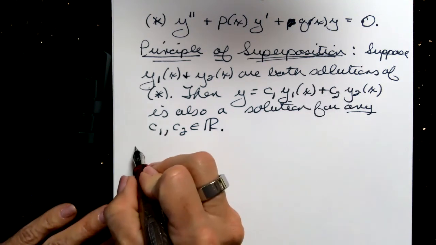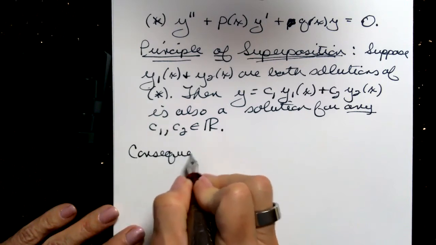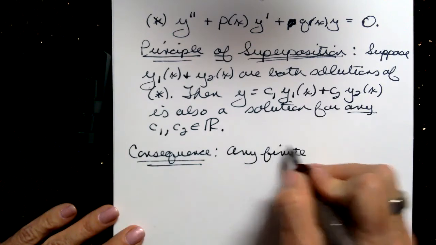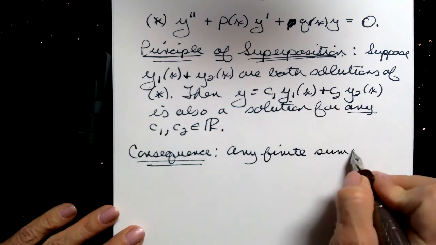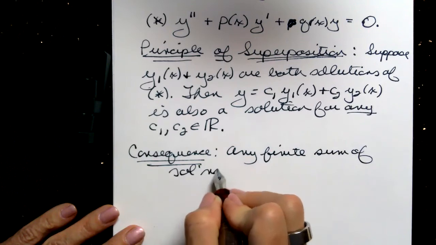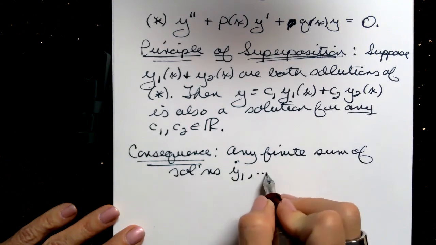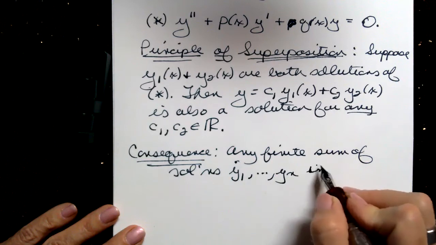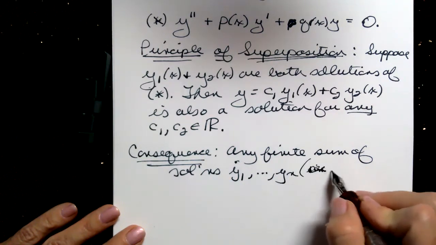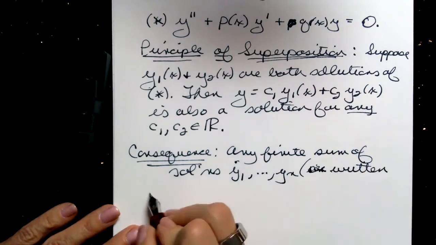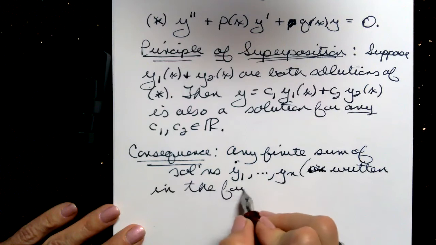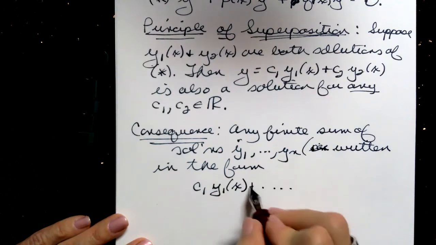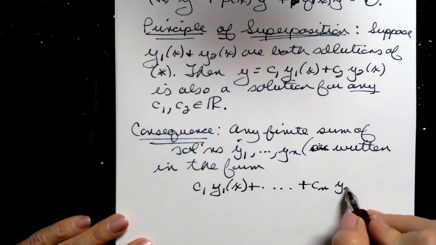So, a consequence: any finite sum of solutions, let's say y1 up to yn, written in the form C1 y1 of x plus, and you keep going until you get to Cn yn of x.